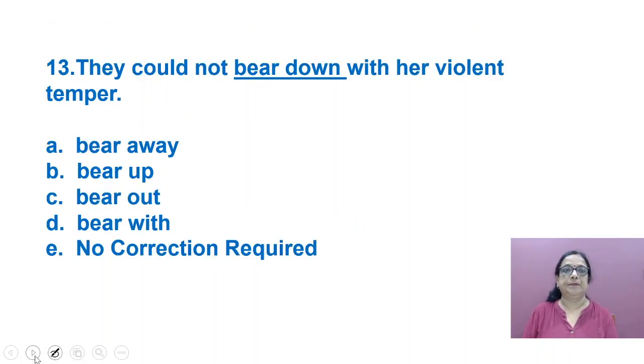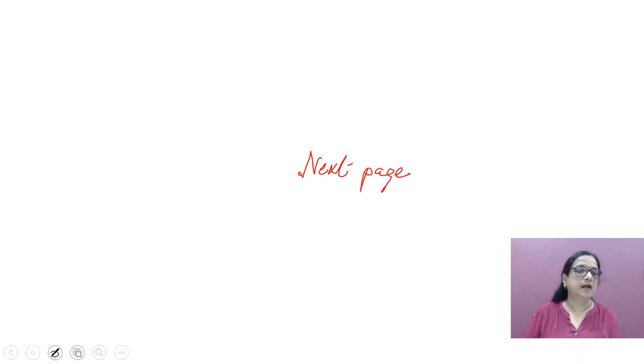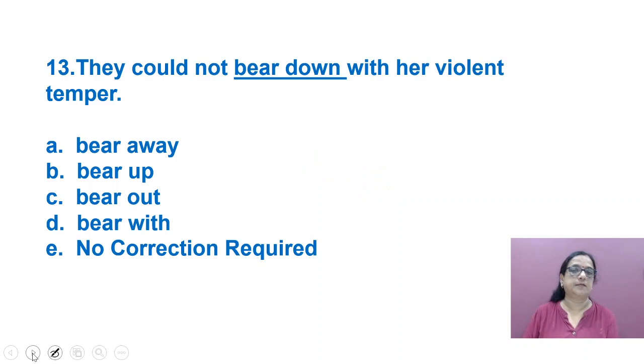Number 13. They could not bear down with her violent temper. Sorry, next page. Okay, here we are in the 13th question. They could not bear down with her violent temper. Now here, bear away, bear up, bear out.